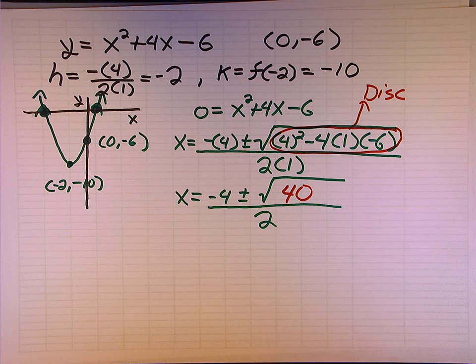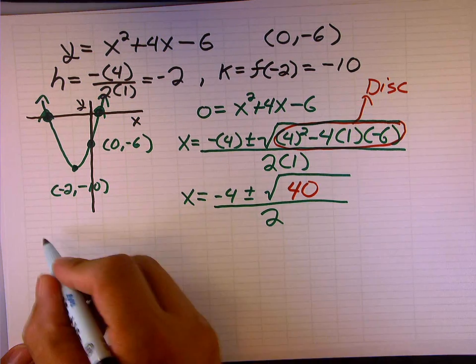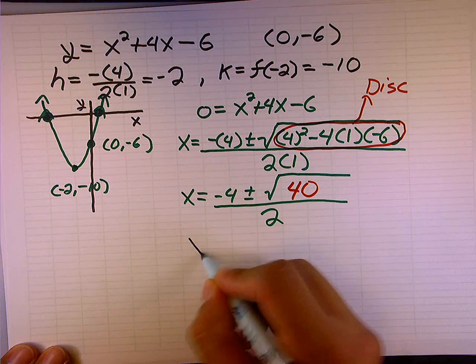Now, I'm not going to put it in decimal approximation. I'm going to go ahead and put this in reduced radical, reduced fraction format. Everyone ready for that? So, 40. I look at 40 and I ask myself, what is the largest perfect square factor of 40? And the answer is a 4. A 4 is the largest perfect square factor.